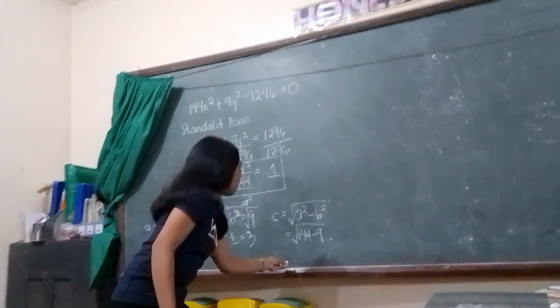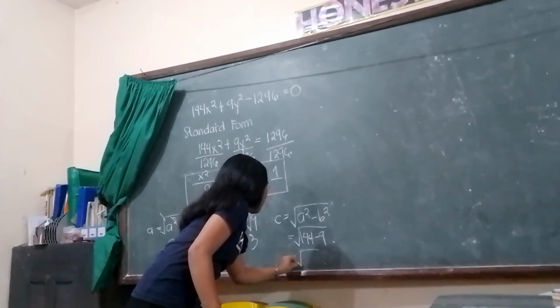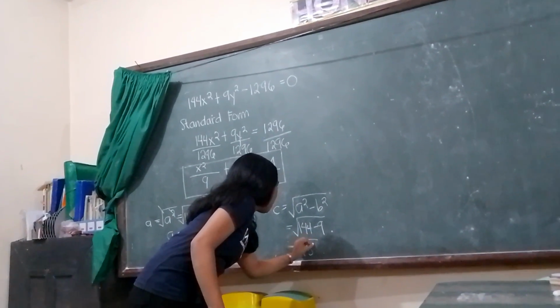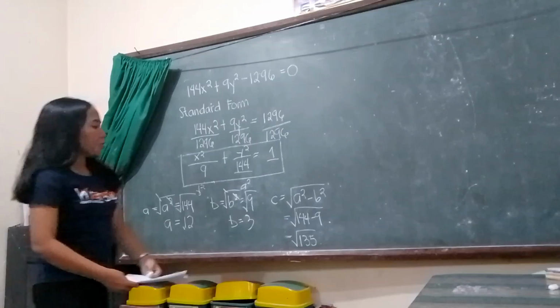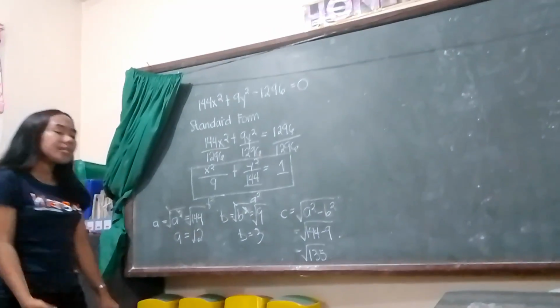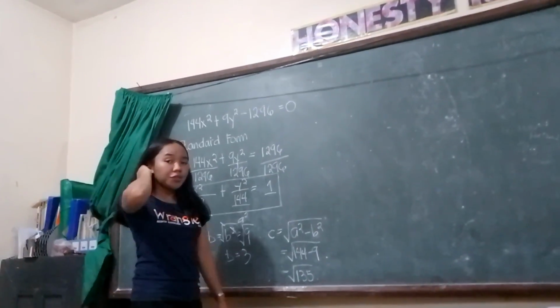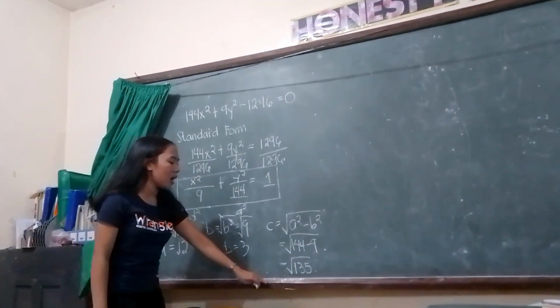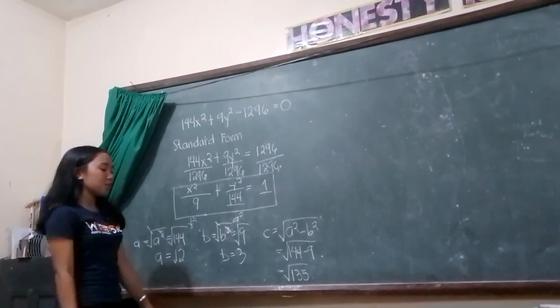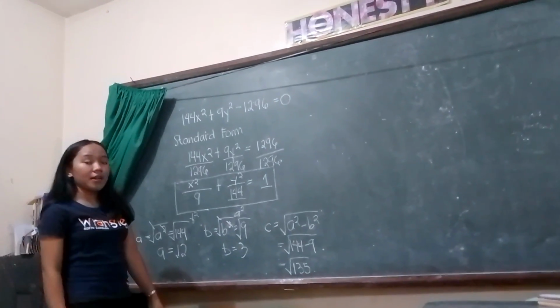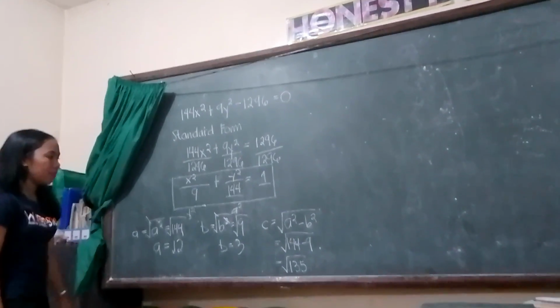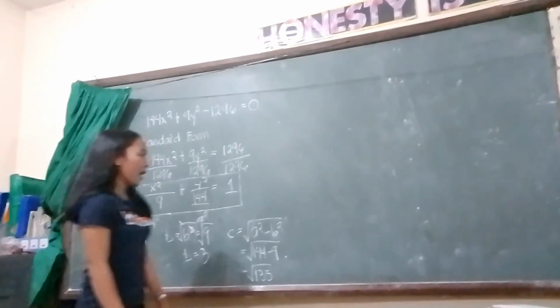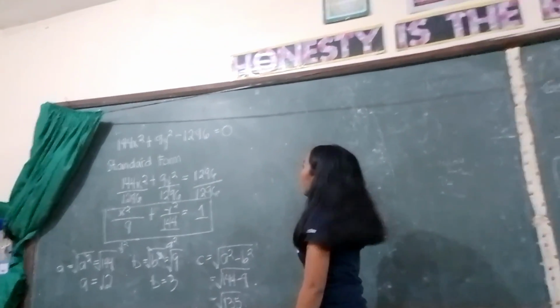We have here the square root of 135. And since the square root of 135 is not a perfect square, our c right now will be equal to the square root of 135. Okay, we can now find our vertices, the co-vertices, and the foci.